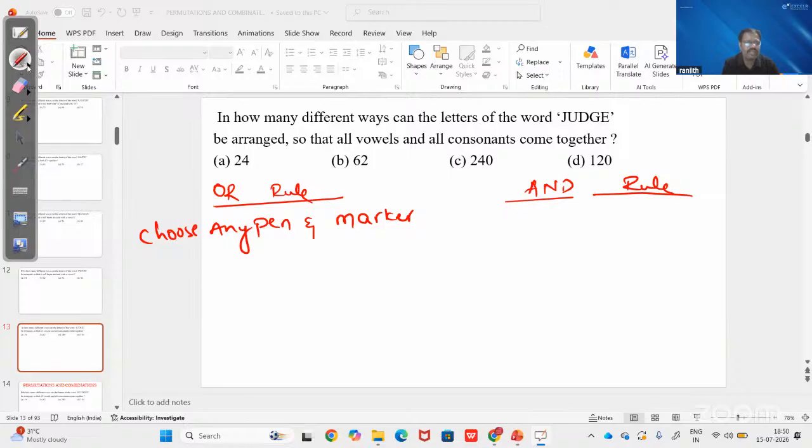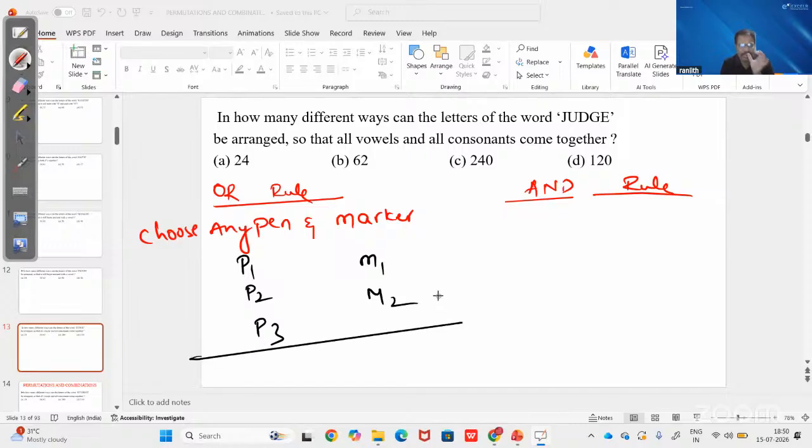We have 3 pens, that is P1, P2, P3, and 2 markers, M1, M2. In how many ways can he select or choose? 3 pens can be chosen in 3 ways, and 2 markers in 2 ways.